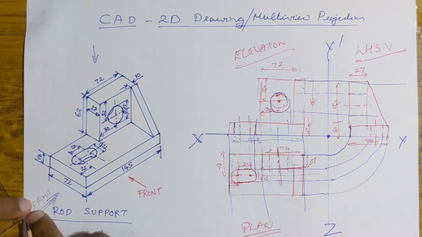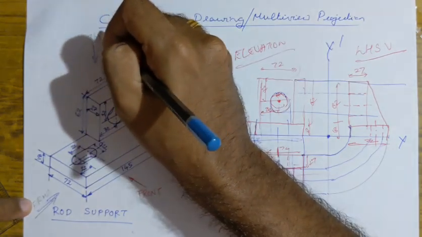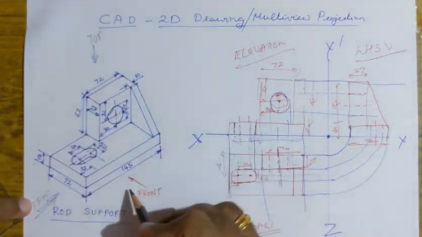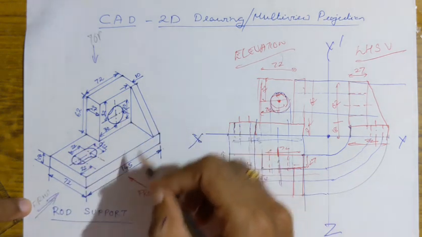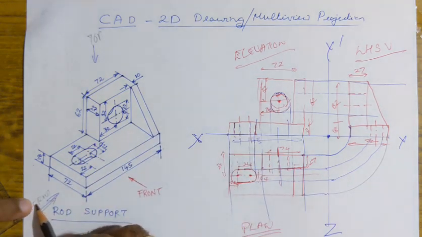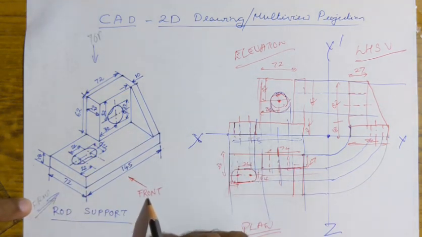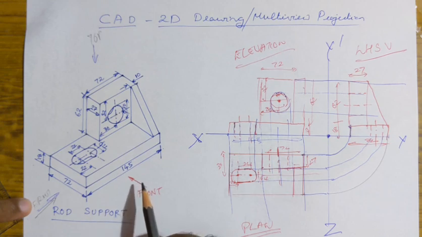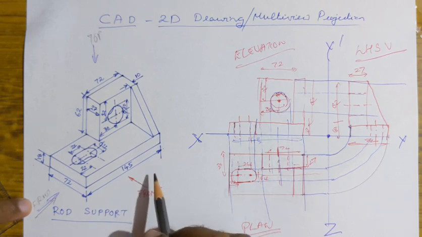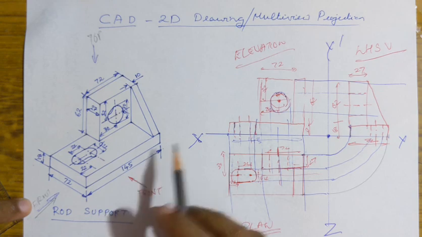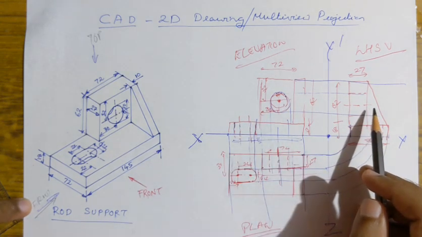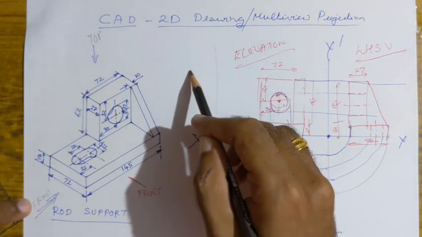This is anyway your top face, and based on this front view, this will be your right side. Since this is the right side view, the right hand side view projection won't be on the right, but it will come on the left.